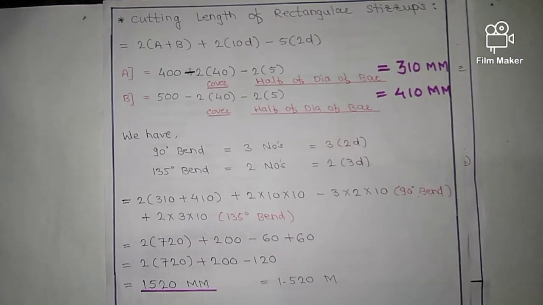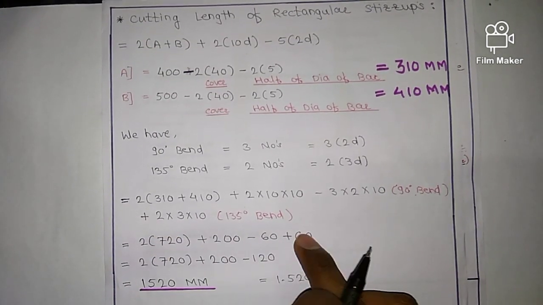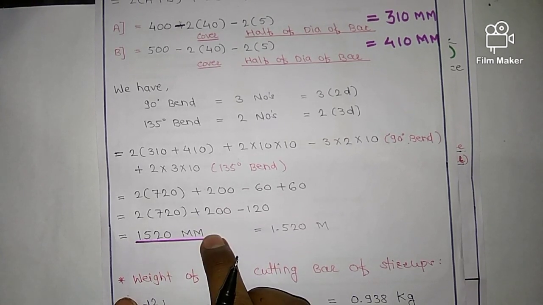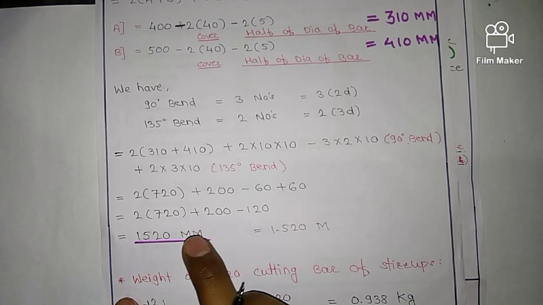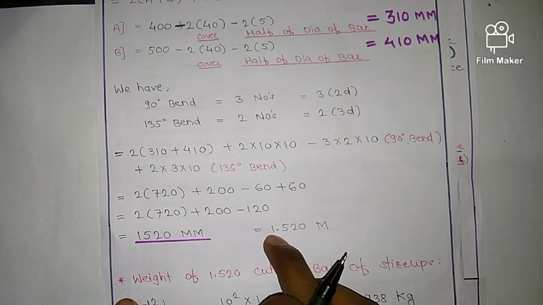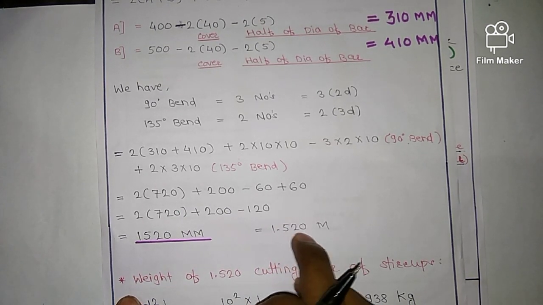So by simplifying all these values, the answer is 1520 mm, that is the cutting length of a rectangular column stirrup. So 1.520 meter.